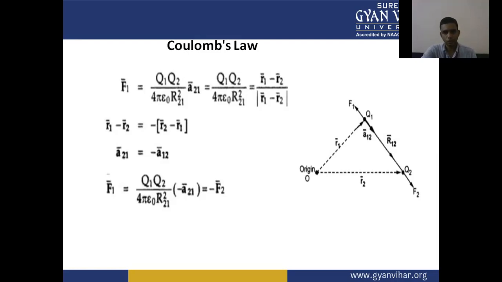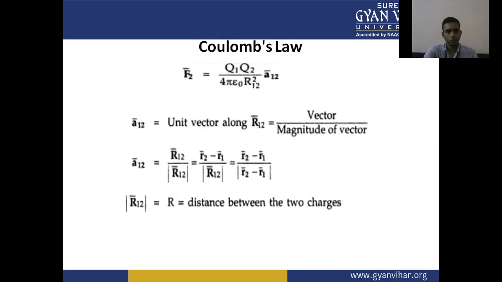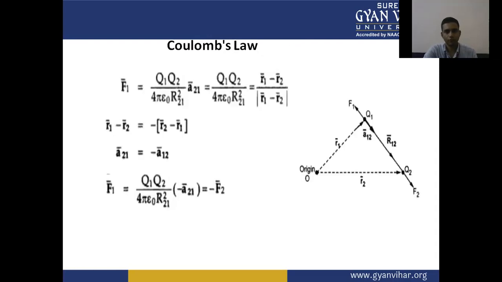Q1 is the first charge and Q2 is the charge at the distance R, and this is represented by vector R12, or A12 is the unit vector. F1 is the force on Q1 and F2 is the force on Q2. F2 is given from this equation and F1 is given by this equation.